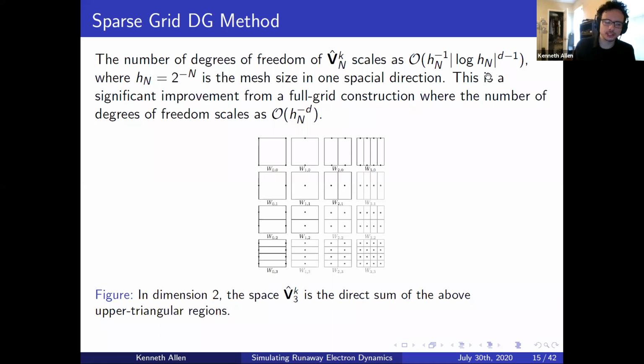Whereas if we did a full grid construction, where we just split the spatial domain into 2 to the n partitions in each spatial direction, then the number of degrees of freedom would scale exponentially. This is an exponential of the log of the mesh size. So this is a nice construction. And we can see here an example in dimension 2: the space V_3^k is the direct sum of the upper triangular region of these regions.